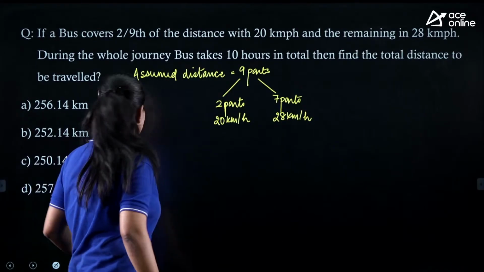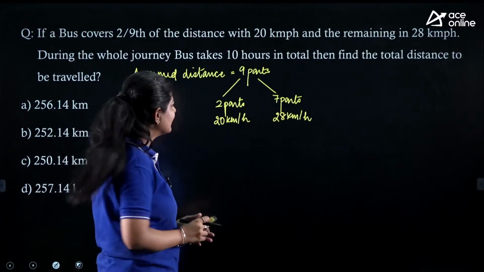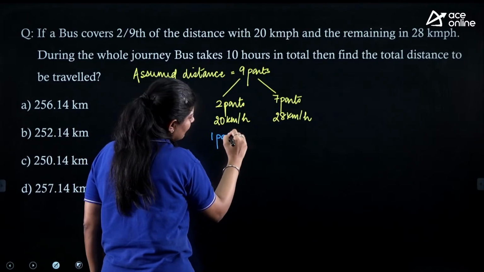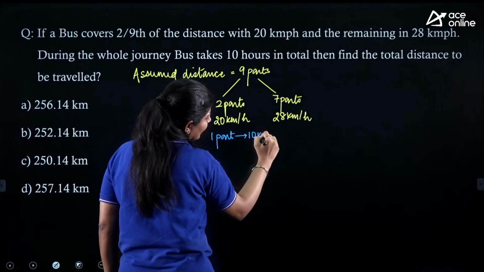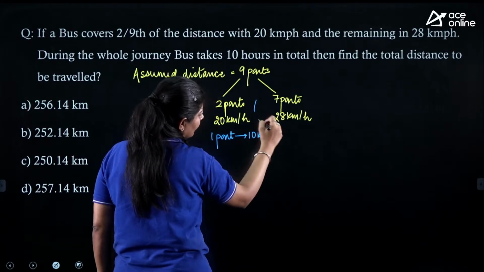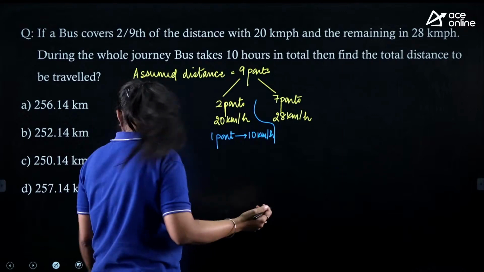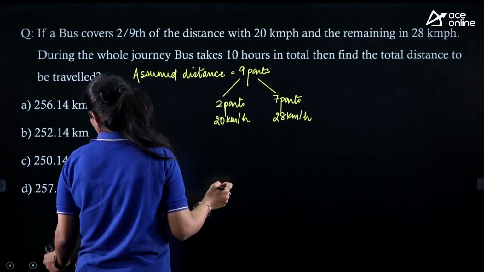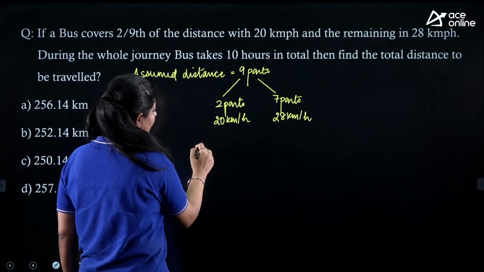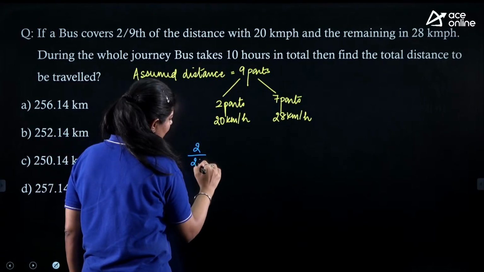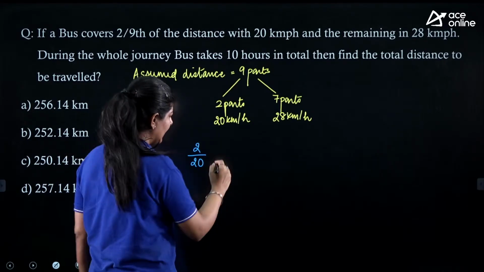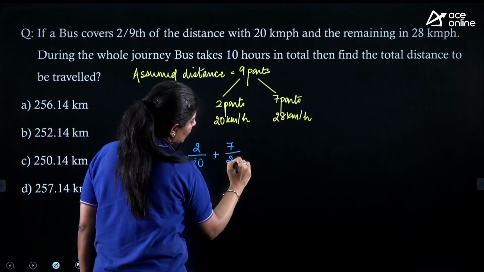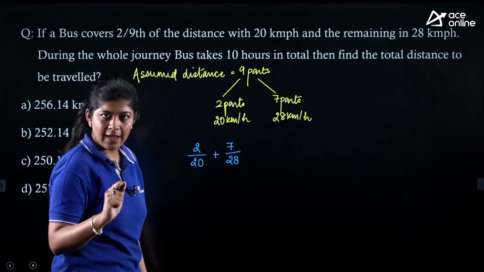Now if I am trying to understand these things, I can say that in these 2 parts, one part is covered with the speed of 10 kilometers per hour. Or instead of making it more complicated, you can directly write it as the 2 parts are covered with a speed of 20 kilometers per hour, plus the 7 parts are covered with the speed of 28 kilometers per hour, right?